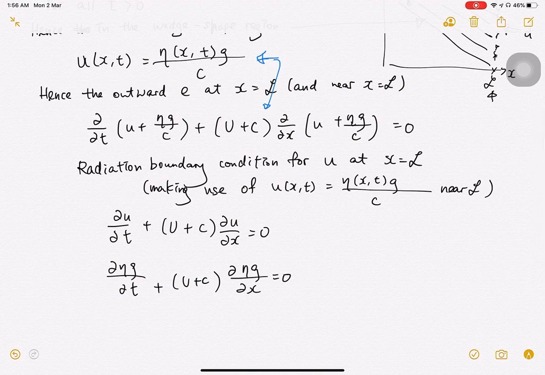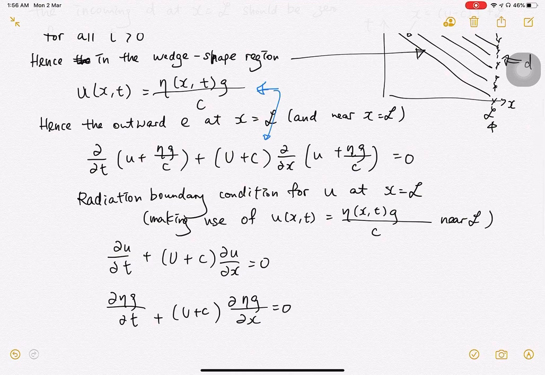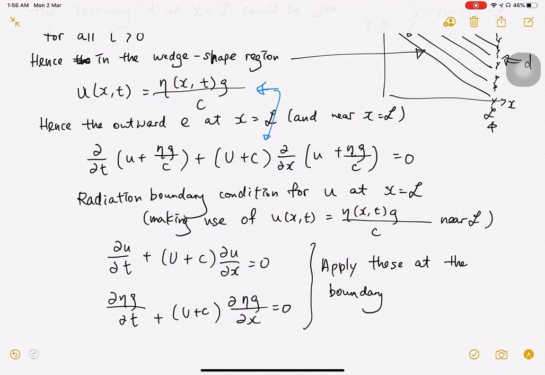Okay, what does that mean? It means that at x equal to L, we can apply these at the boundary to make the boundary open.